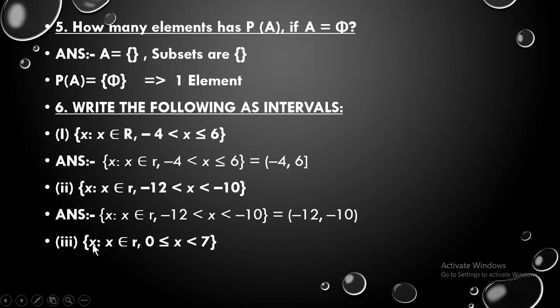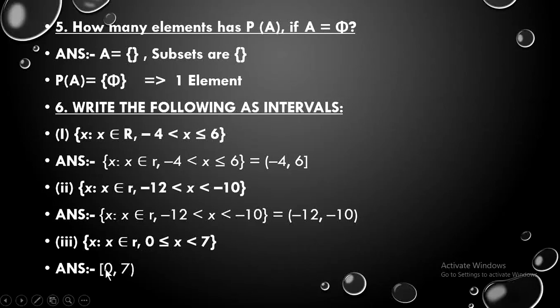Next question says x is such that x belongs to R and x is greater than or equal to 0 and less than 7. So similarly you have to write first 0, 7, then you need to see which kind of brackets you have to put. Now here you can see there is an equal to sign. What I said before is that whenever there's an equal to sign, you need to put such kind of closed bracket.